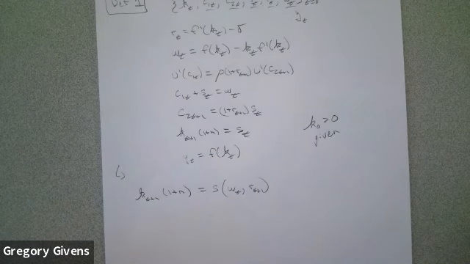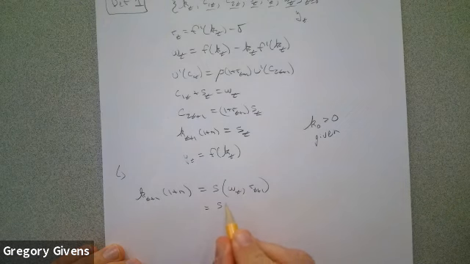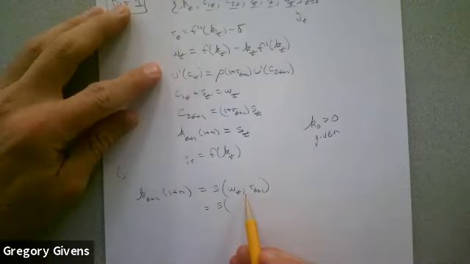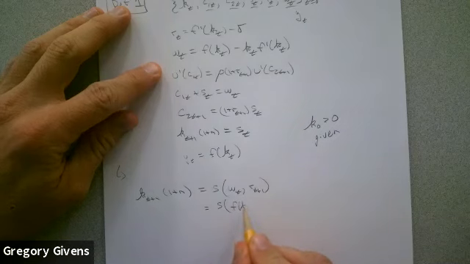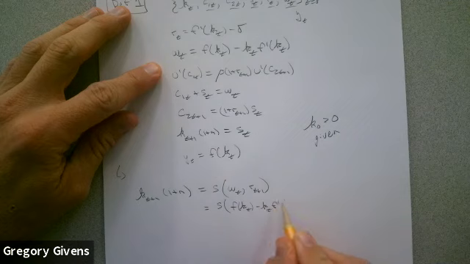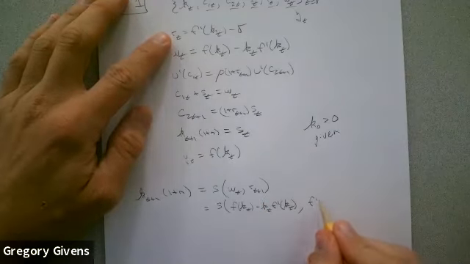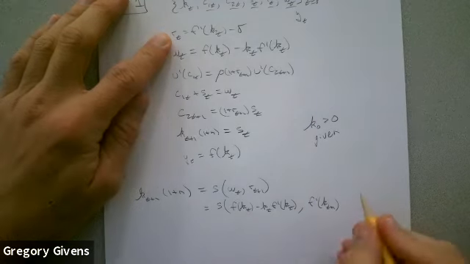Remember, that was what we found in our consumption Euler equation. Well, what's the functional form of the real wage? It's just F of KT minus KT F prime of KT. And what is the functional form of R T plus 1? It's F prime of K T plus 1, be careful about your time subscripts here, minus delta.